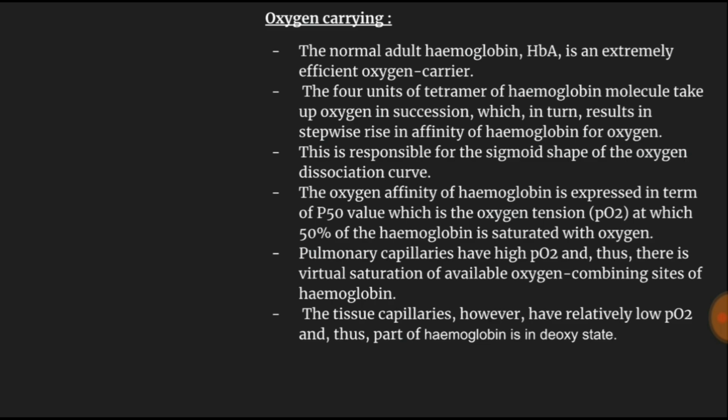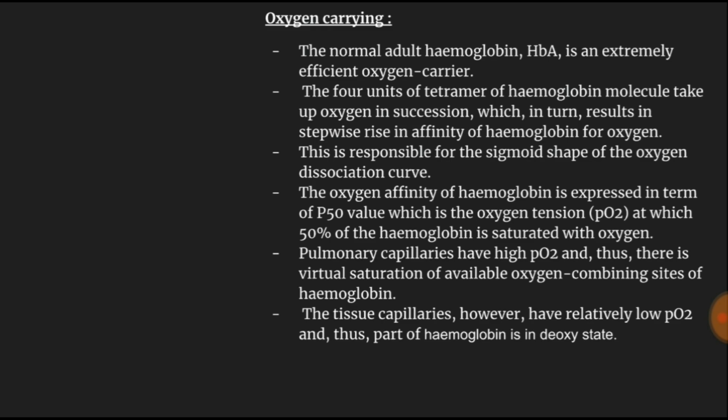So in normal adult hemoglobin, HbA is an extremely efficient oxygen carrier. So HbA is a hemoglobin that is carrying oxygen with 4 molecules of oxygen.